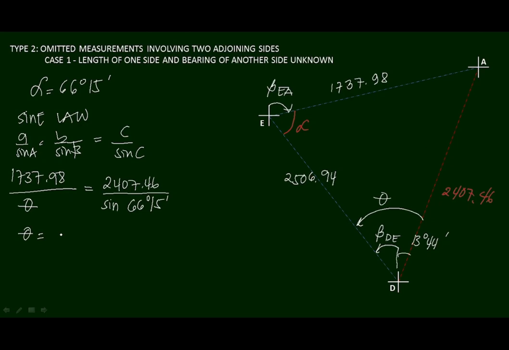Inputting this in your calculator, masosolve ko ngayon yung value ni theta. 1737.98 sine 66.15 divide it by 2,407.46. Okay, check. This should be sine of theta. Shift sine. Yan.